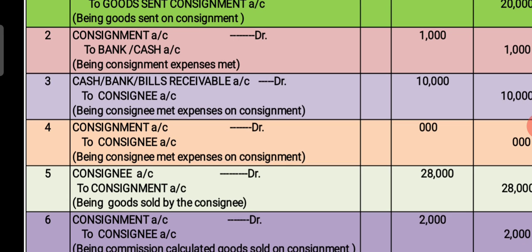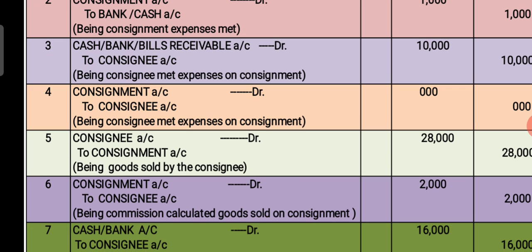Next entry. When the consignee sold the goods, what is that entry? Consignee means Anant of Ahmedabad. In brackets write Anant of Ahmedabad, consignee account debit to consignment account, rupees 28,000. The entire stock was sold for rupees 28,000 by the consignee. Narration: being goods sold by the consignee.